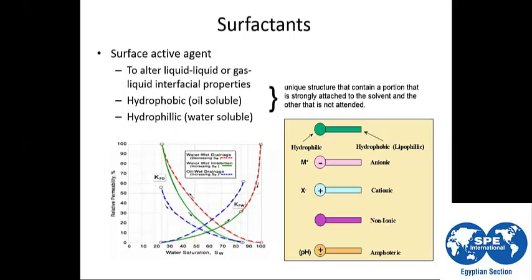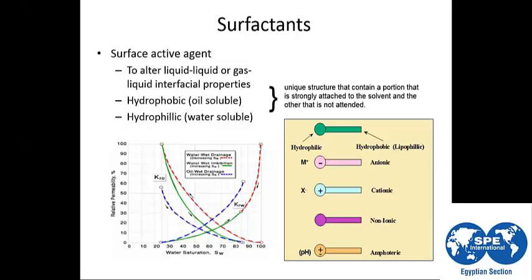The surfactant becomes involved in the interface and lowers the amount of energy required to expand the interface. This means that we are using the surfactant to reduce the required force to move one fluid at the surface of the rock.